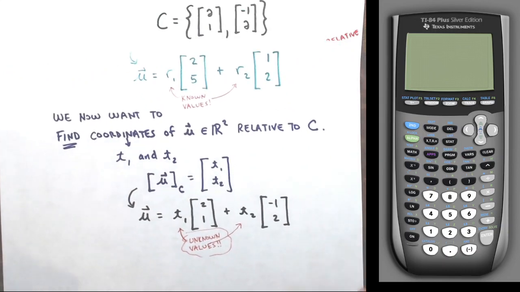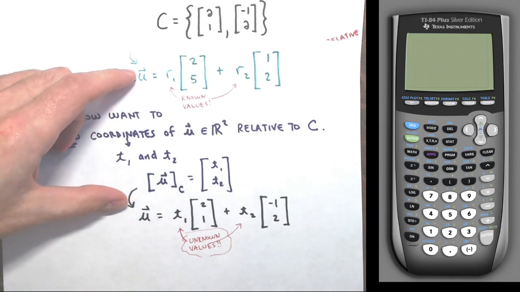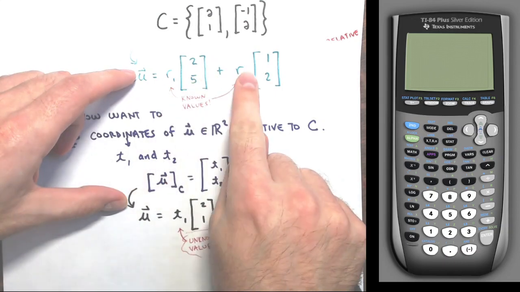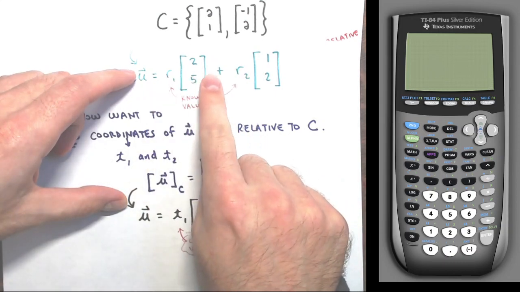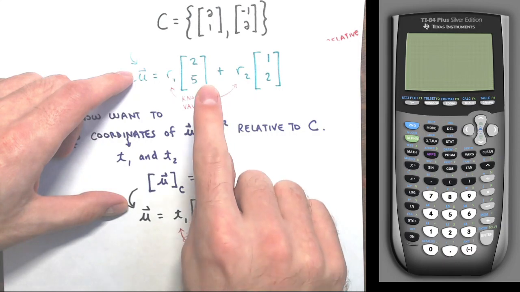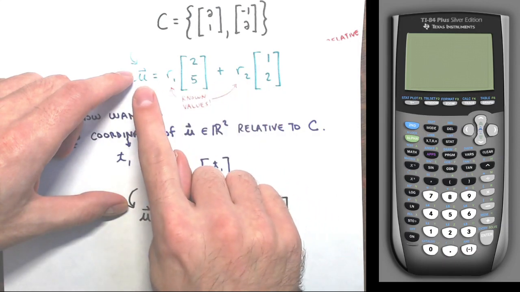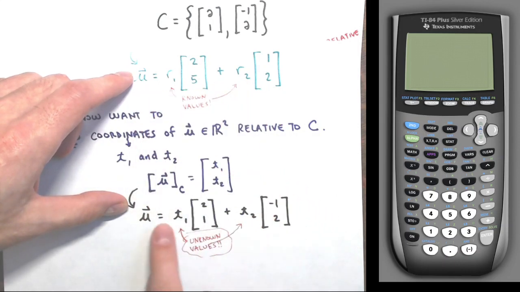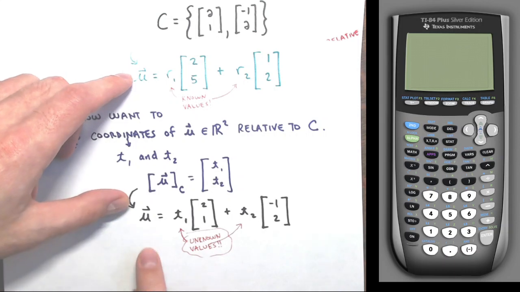So how do I find these T1 and T2? Well, look at these. This was using the coordinates with respect to B and the vectors of basis B. This is the coordinates with respect to C and the vectors from basis C. We see how both of these statements represent the same vector. Both of these represent vector u.